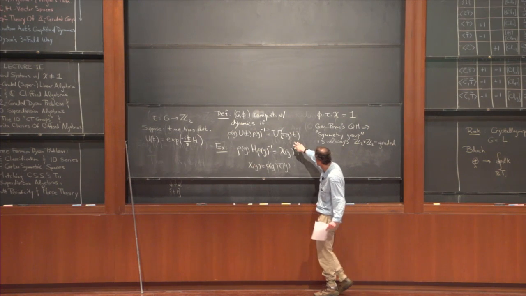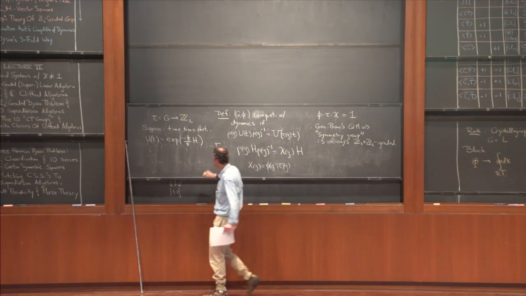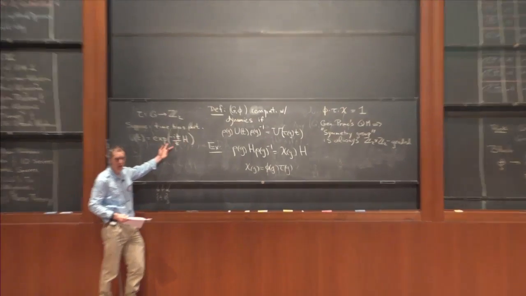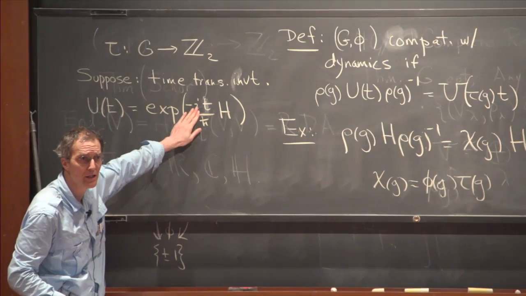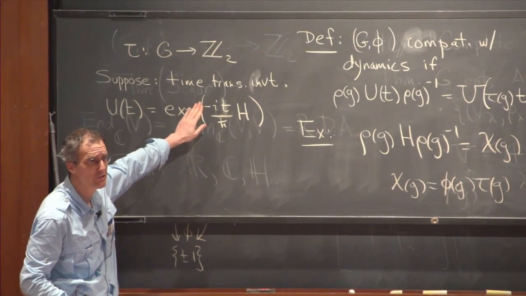Some operators will reverse the sign of t and the others won't. I mean, we could work with an anti-Hermitian operator as the generator of time translations and erase the I here. But we'd still end up with a Z2 times Z2 graded group.